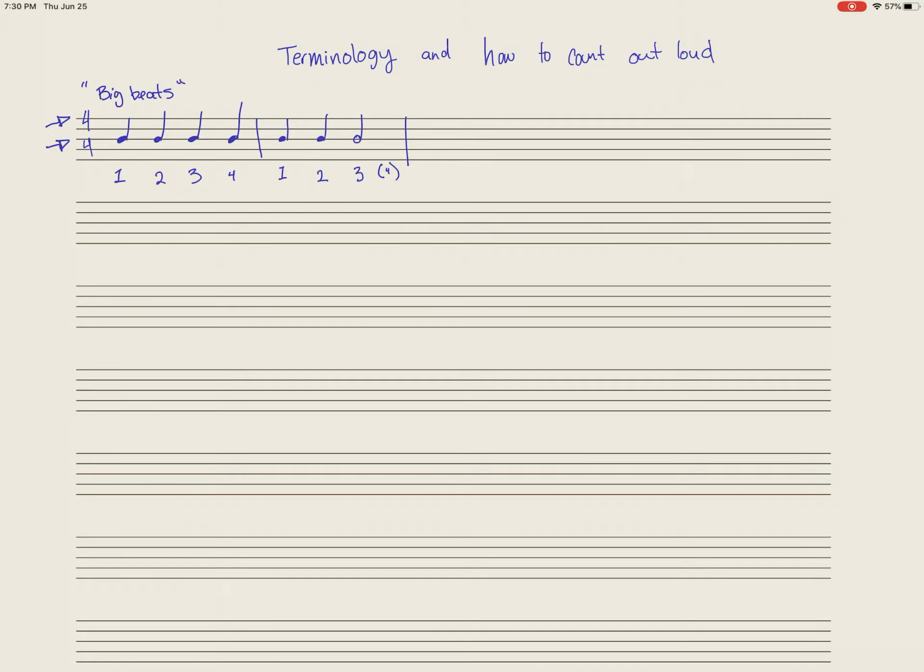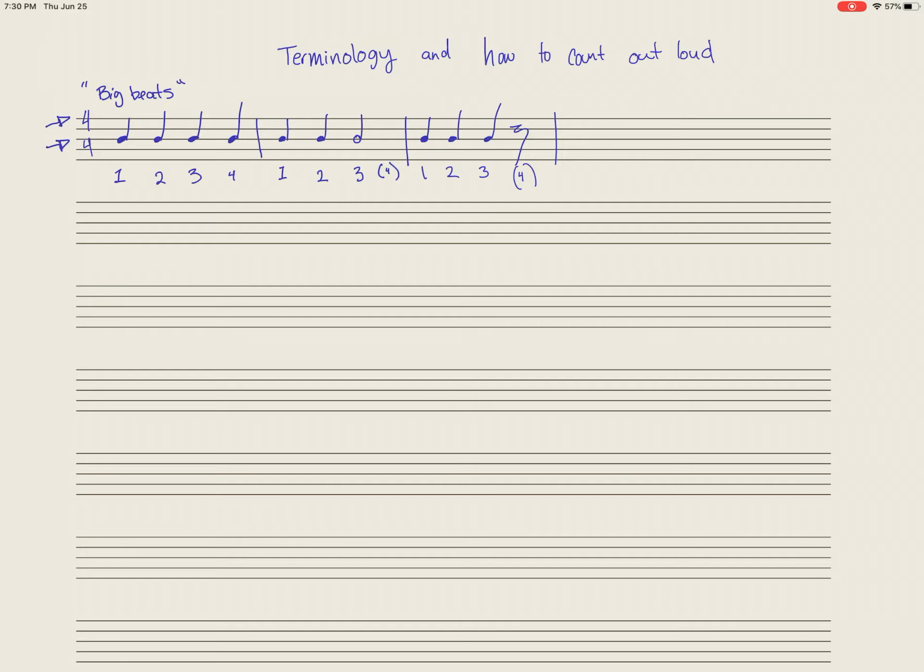So that would sound like 1, 2, 3, as opposed to, just for a direct comparison, if this was a rest, it would be 1, 2, 3, and then this is silence. Okay? So that should make sense.